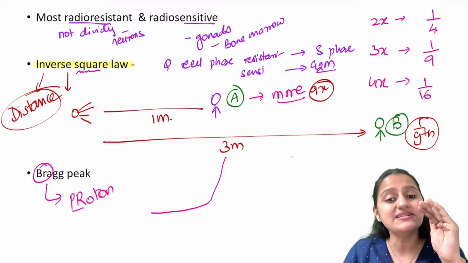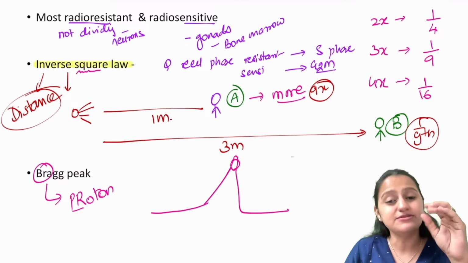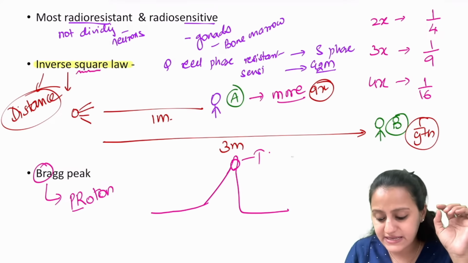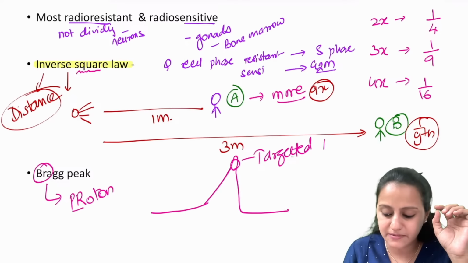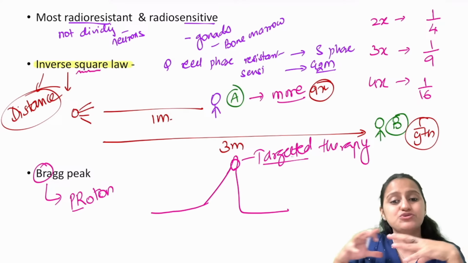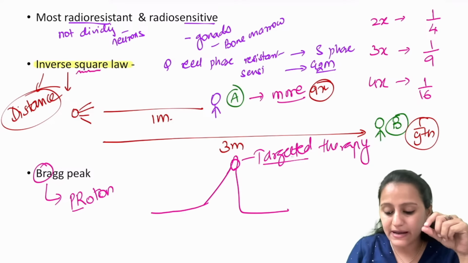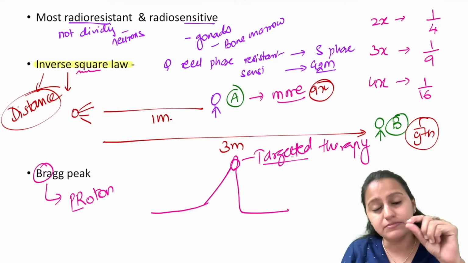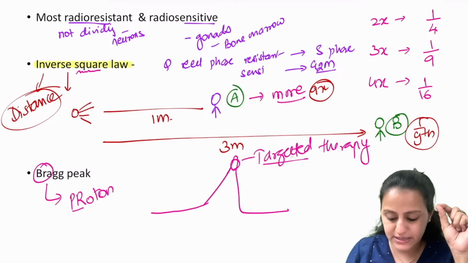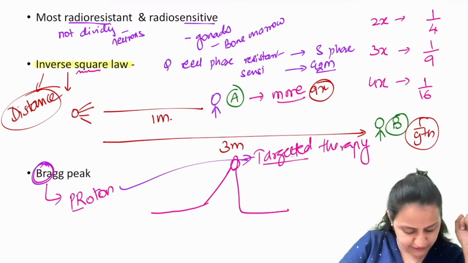And when it reaches the targeted tumor, suddenly there's a peak. So it gives a very, very targeted therapy. So that is the advantage with proton: minimum damage to the surrounding tissues, everything focused on the tumor. Pencil beam like targeted therapy is possible because of the Bragg peak.